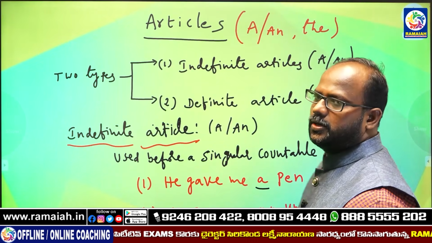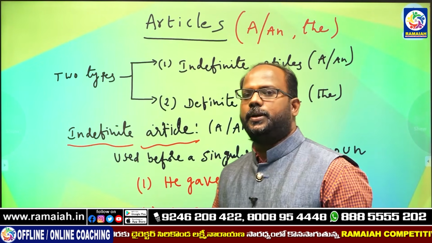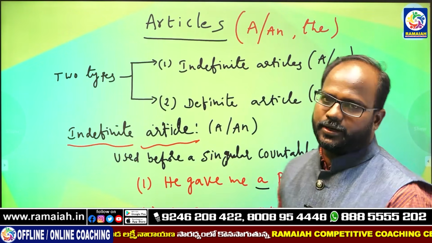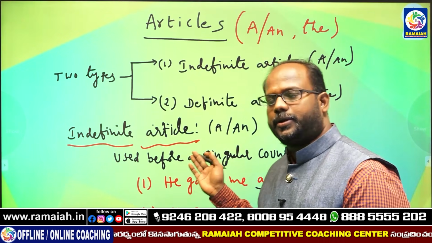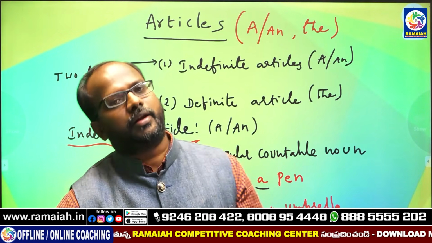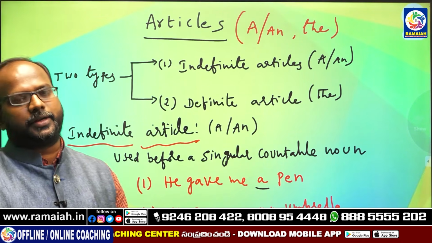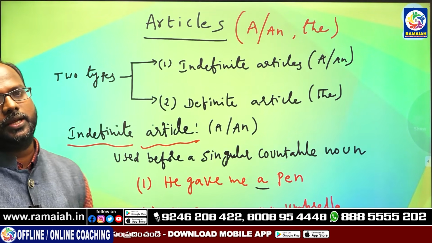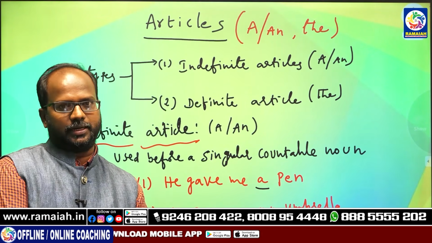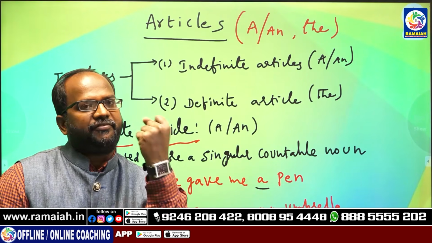There are two types of articles in English grammar: the indefinite articles and the definite article. A or an is called the indefinite article, the is called the definite article. The name itself, definite.